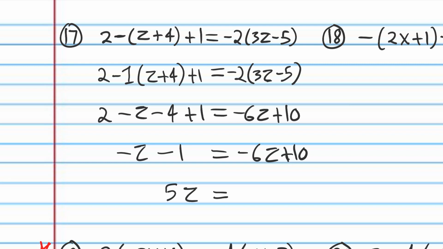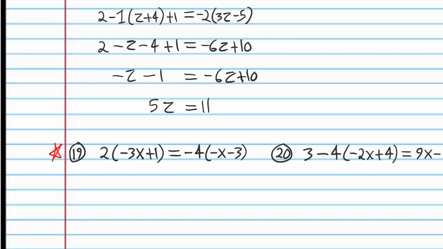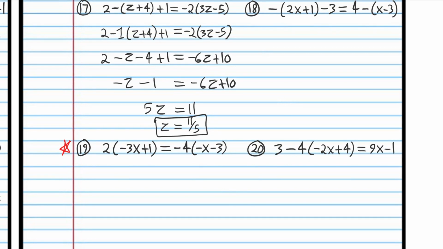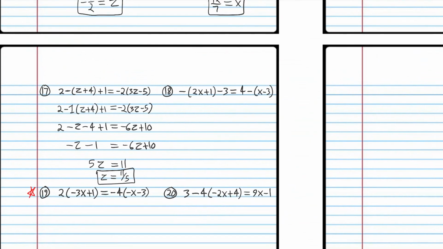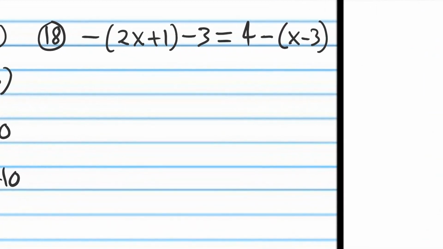Add 1 to both sides, and we get 11 over here. And divide both sides by 5, and z is equal to 11 over 5. So if you got 11 over 5, good job. All right, try number 18, and when you come back, we'll do it together.